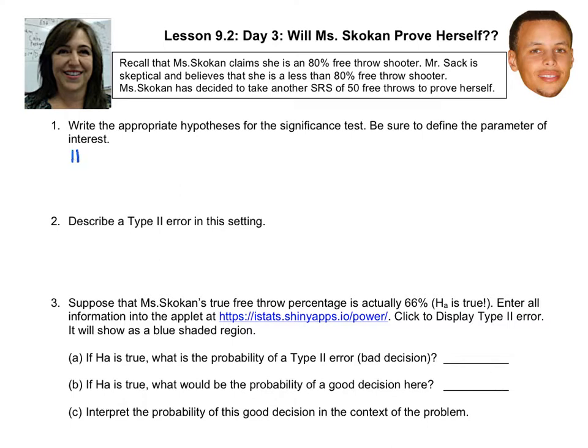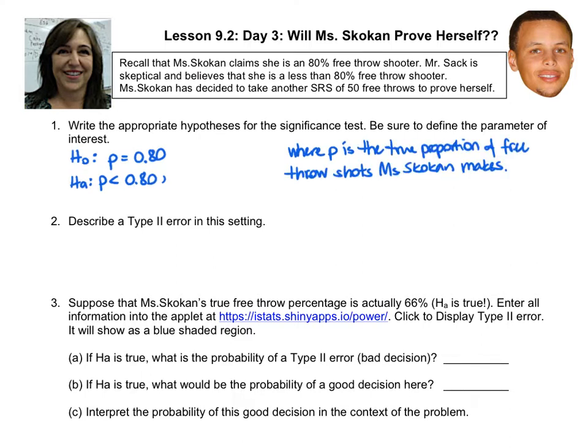The null hypothesis is, just as it was before, p is equal to 0.80, and the alternative hypothesis is p is less than 0.80, and we still continue to define p as the true proportion of free throw shots Miss Skokin makes.